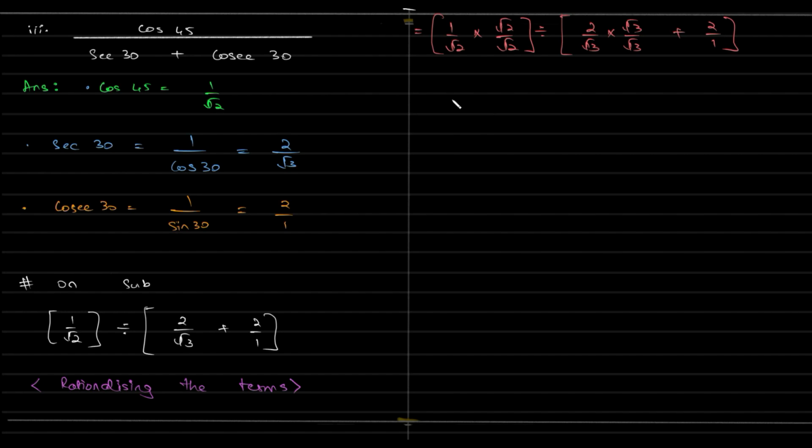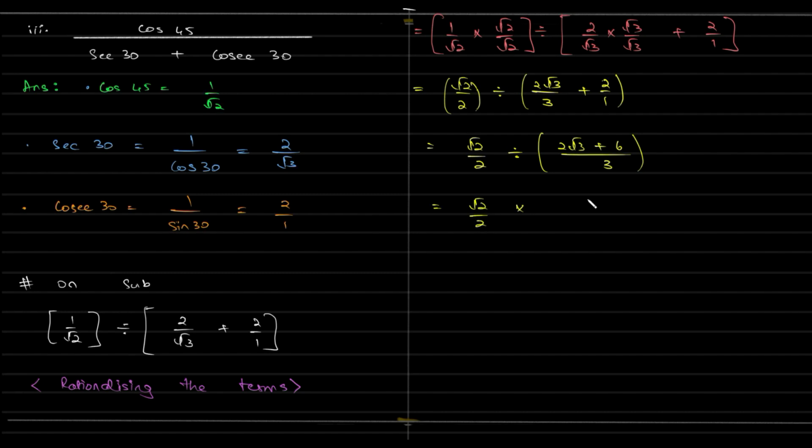So we have root 2 by 2 divided by 2 root 3 by 3 plus 2 by 1. So this is root 2 by 2 divided by, here the LCM is 3, so 2 root 3 plus 6 by 3, right? And let us take root 2 by 2 into, let's flip this, 3 by 2 root 3 plus 6.